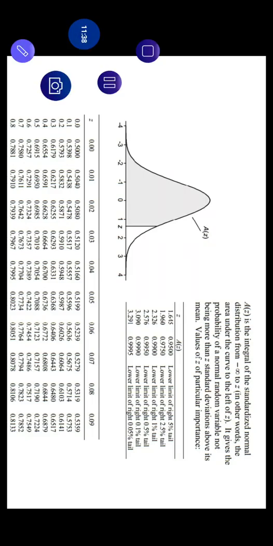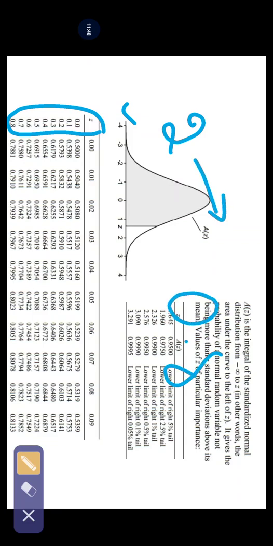We need the value for 0.83. We have only 2 digits here, so we can see the normal distribution values. It is given in 2 digits, that's why we divided the values. So here we want the value for 0.83, right? 0.8 is here, and 0.3 is here.